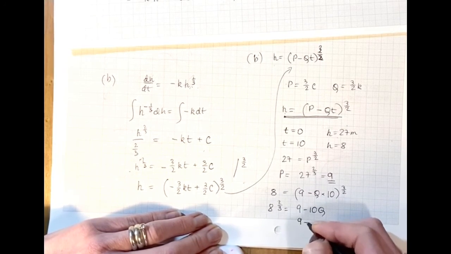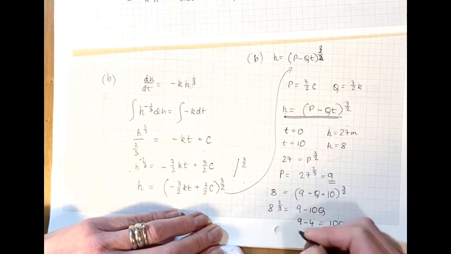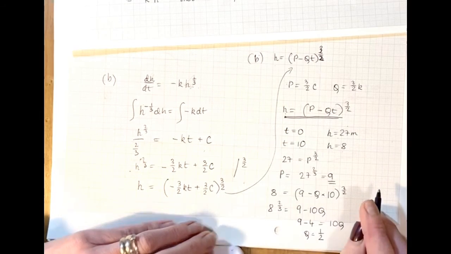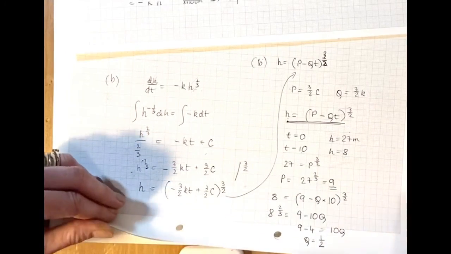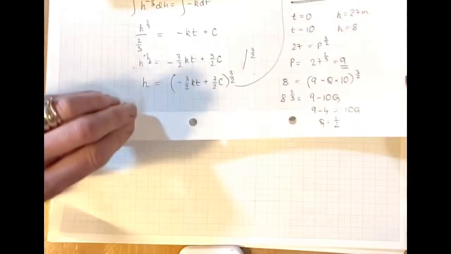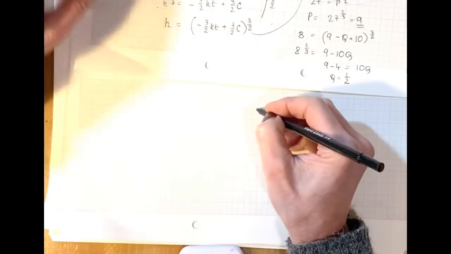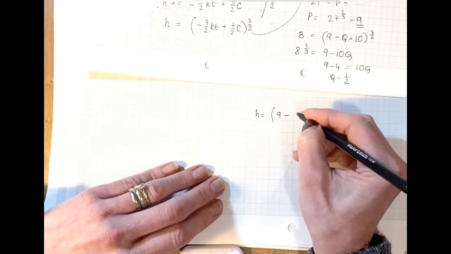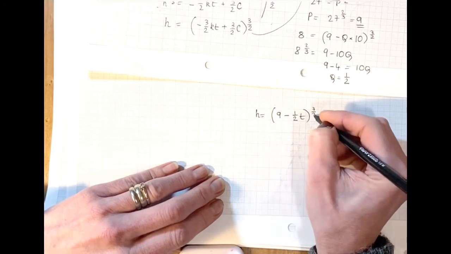So it's 9 minus 4 is equal to 10q, giving me q is equal to 1/2. So the final formula for h will look like this. So h is equal to, p we found to be 9, q is 1/2, minus 1/2 t, to the power of 3 over 2.